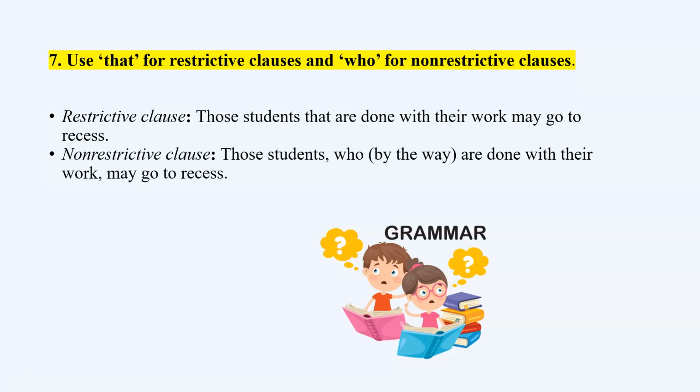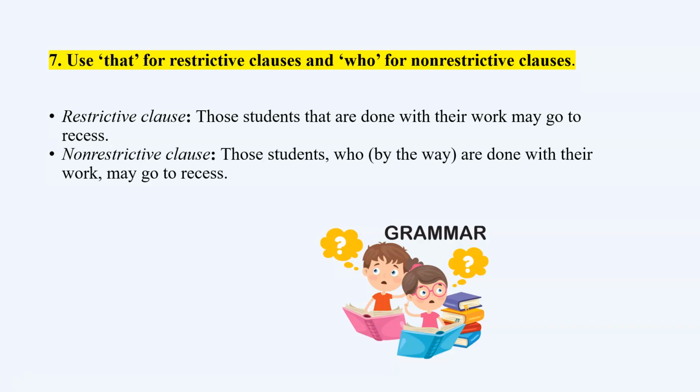Those students that are done with their work may go. This first one indicates that only those students who finish their work are allowed to go. So that is important. It's a restrictive clause. Those students that are done with their work, that's the restrictive clause, may go outside. A non-restrictive clause, again, it's not that important.